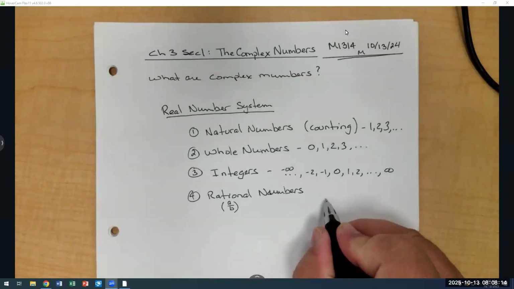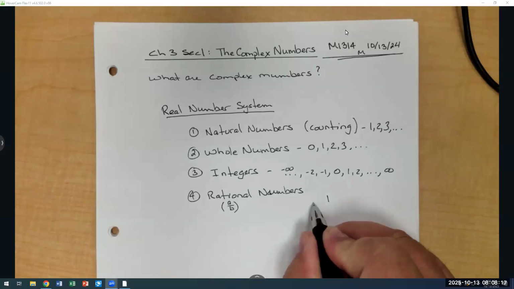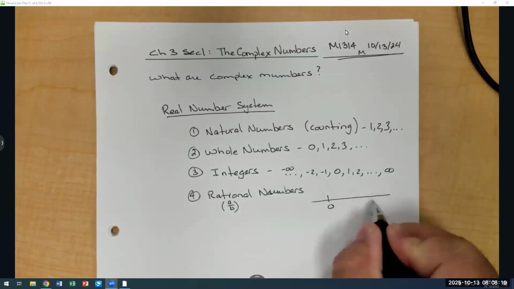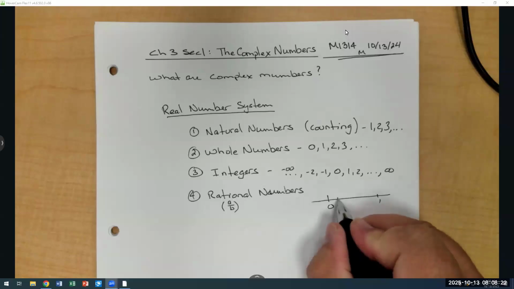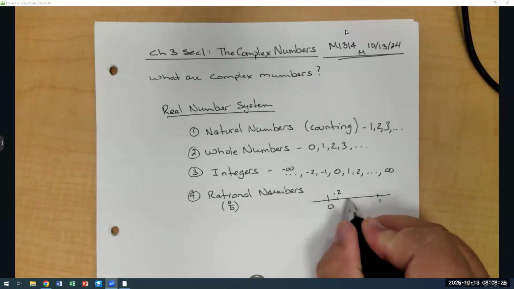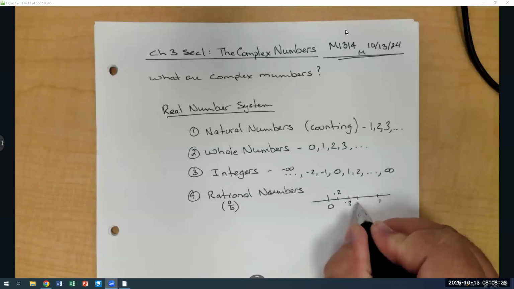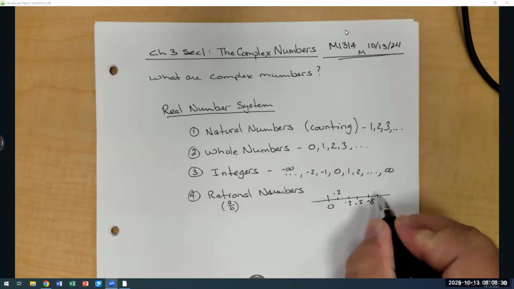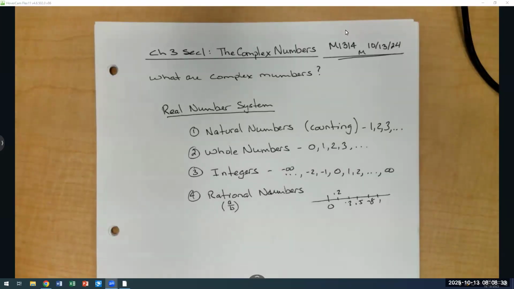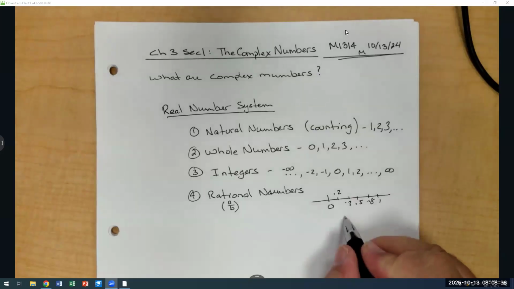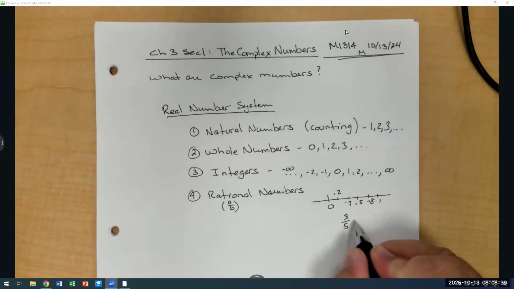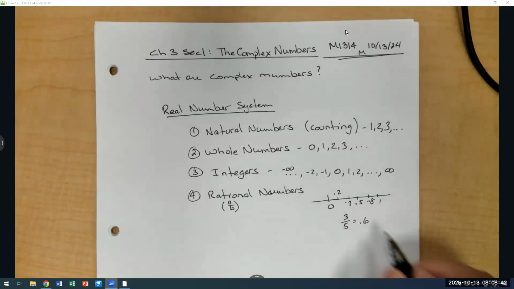Because now between 0 and 1, we have 0.2, 0.3, 0.5, 0.8, and so on and so forth. We have decimals. 3 divided by 5 equals 0.6. So we now have decimals. We have numbers between numbers. There's an infinite number of those.